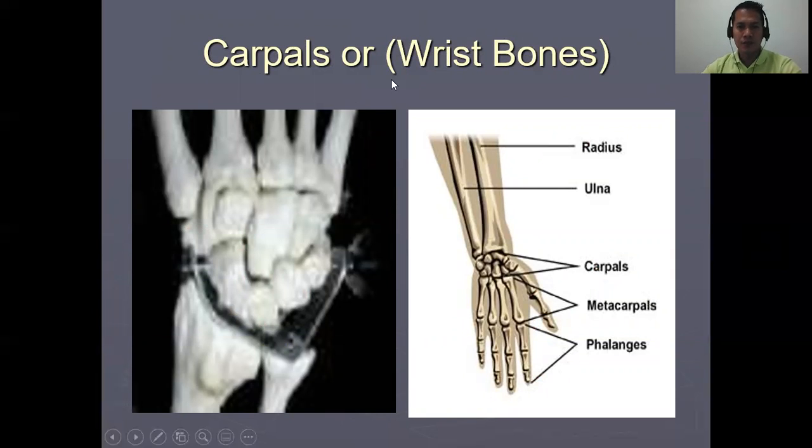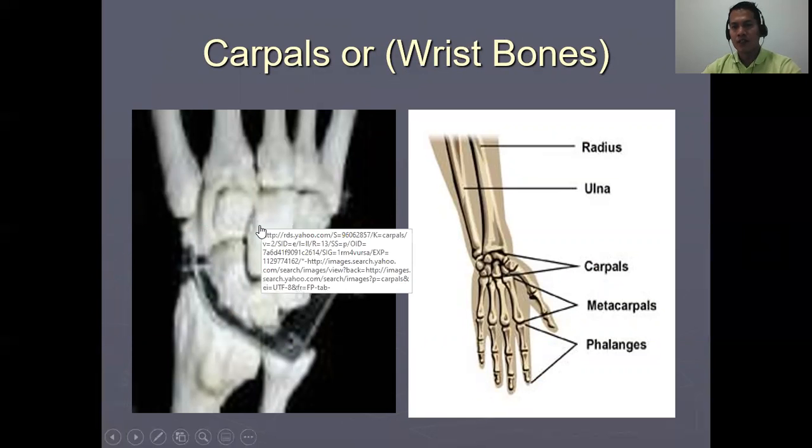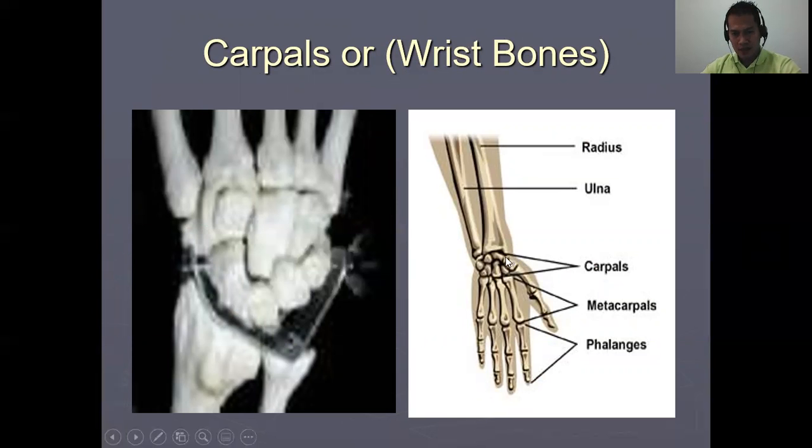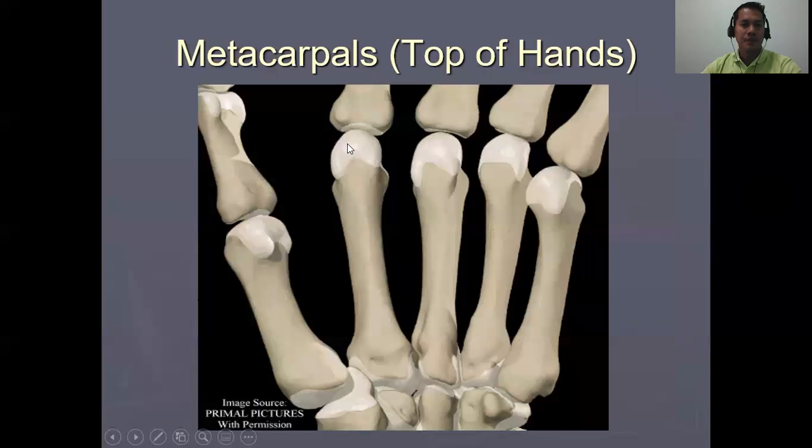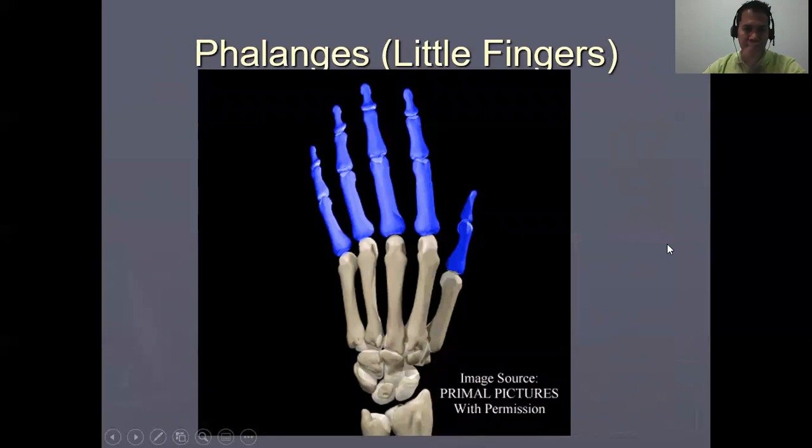Again, the wrist bones are made up of small bones. We call them carpals. The metacarpals are the top of the hand or the palm, and the phalanges are the finger bones. So our fingers are made up of delicate small bones.